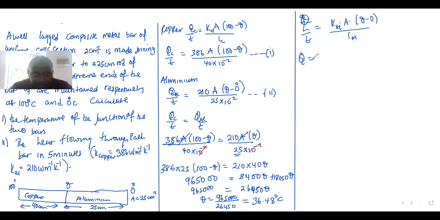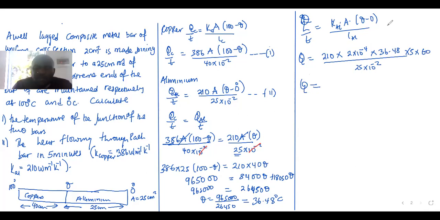The quantity of heat in 5 minutes would be 210 times the cross-section area, which is 2 times 10 to the power negative 4, because you convert it to meters, times 36.48, all divided by the length of aluminium, which is 25 times 10 to the power negative 2, then times 5 times 60. So what is the quantity of heat? Remember, we have to investigate also and see whether copper gives us the same. So you're going to check it out using copper.